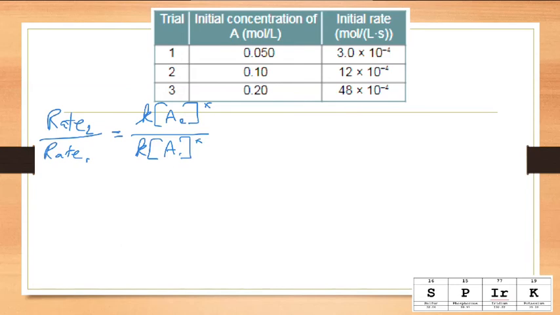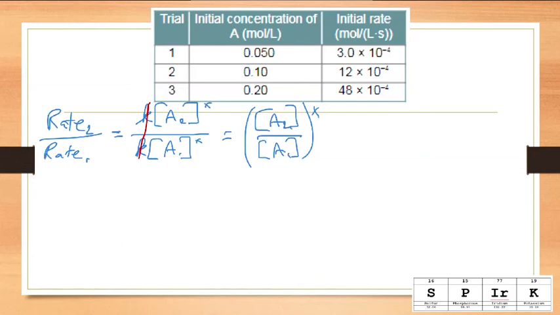So we can do some algebra properties here, and we can cancel out the k's. And then we are going to move our exponent to the outside. Since both concentrations are raised to the same power, we can rewrite this as the concentration of A2 divided by the concentration of A1 raised to the x power.